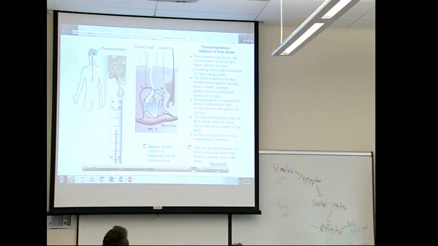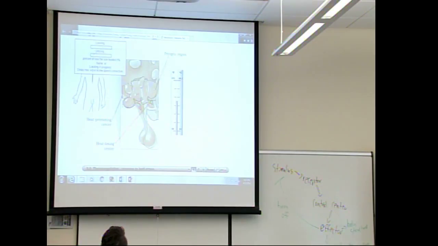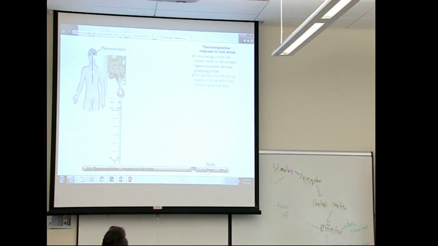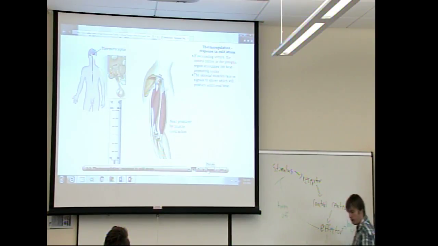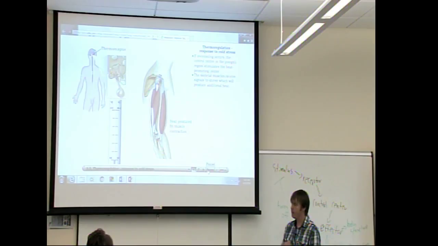And of course, you have access to that link if you want to review it as well. So let's take a look at the cold one. If body temperature becomes too low, the control center in the preoptic region stimulates the heat-promoting center. Output signals from the heat-promoting center cause muscles to contract in a repetitive cycle called shivering and stimulate the release of hormones that increase tissue metabolism.